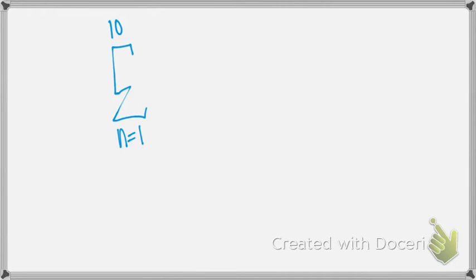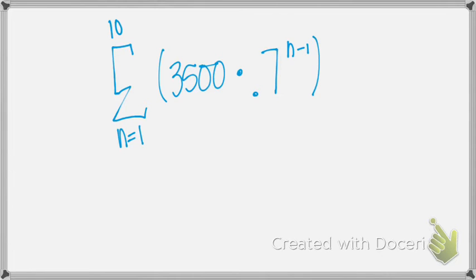Now, what was the function rule we used? 3,500 times 0.7 to the n minus 1. All right, so what this means, this is a sigma if I expanded it.